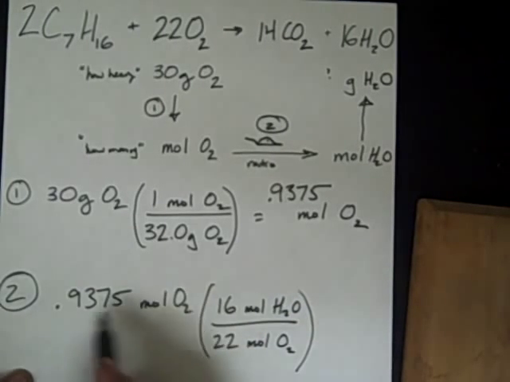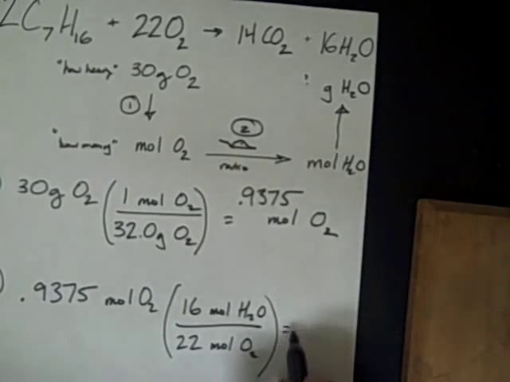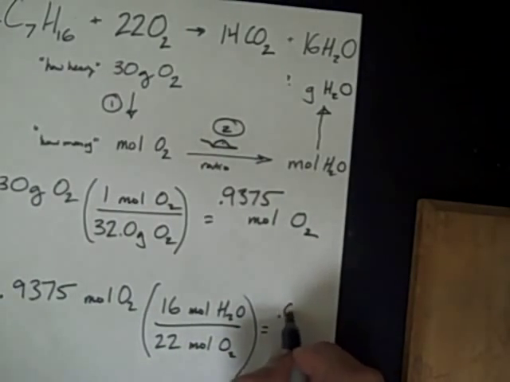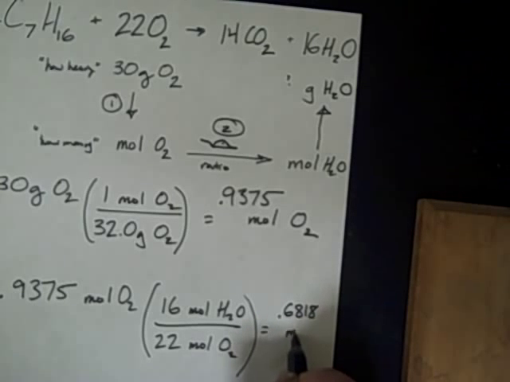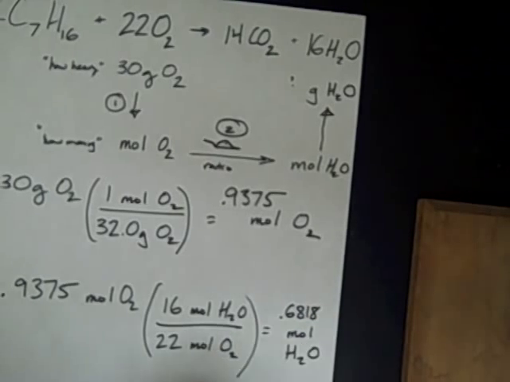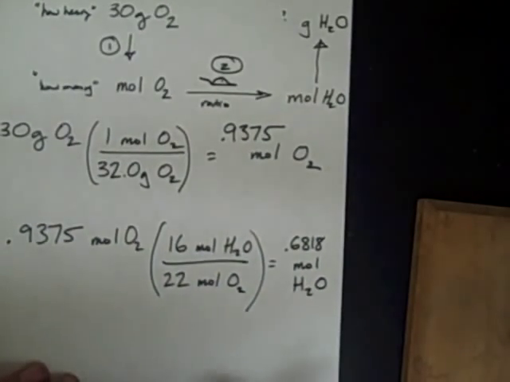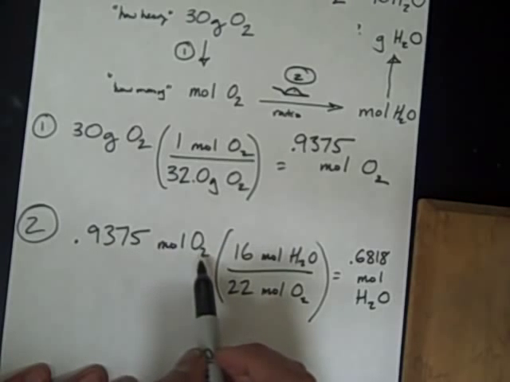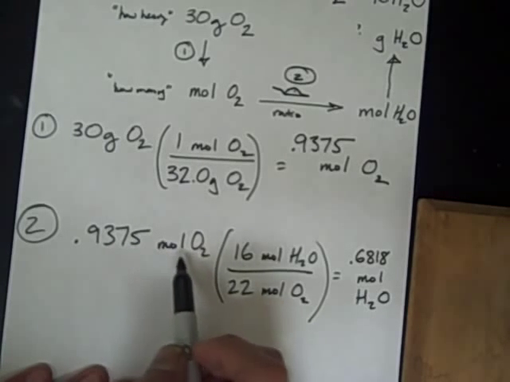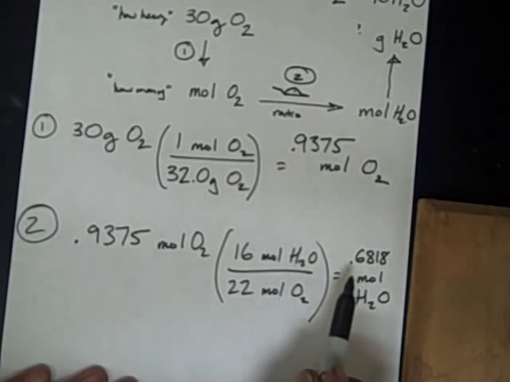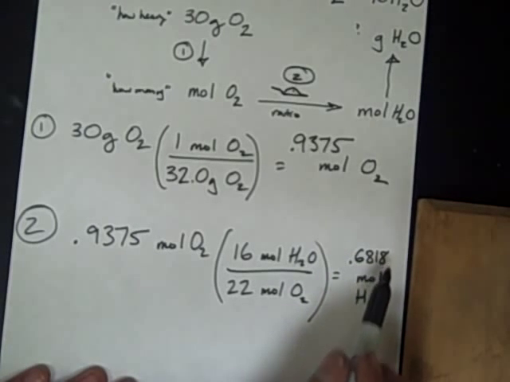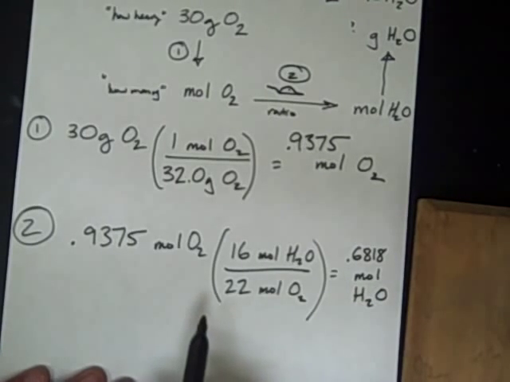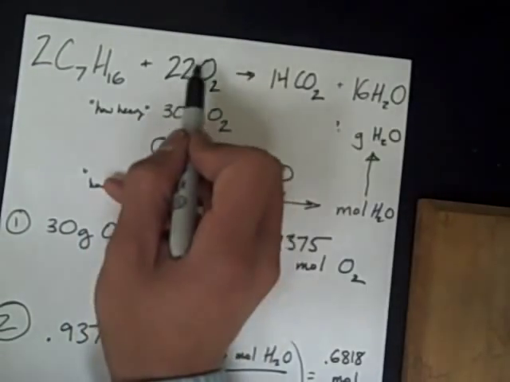Okay, so if I do this, I get out 0.6818 moles of water. Okay, so this means that if I put in 0.9375 moles of oxygen, I'm going to get out 0.6818 moles of water. This amount of water is produced from this amount of oxygen.